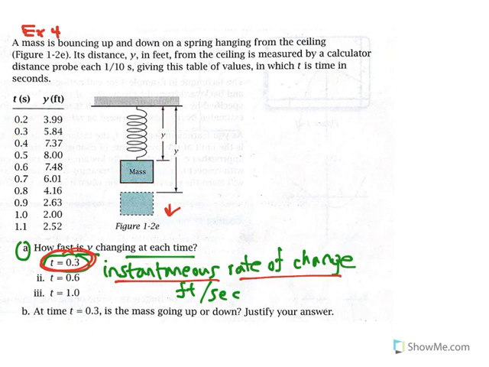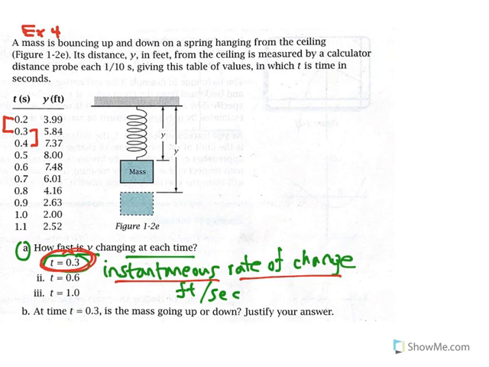It's best if you use both to find the average rate of change of the distance from the ceiling on the time interval from 0.2 to 0.3 seconds, and then find the average rate of change on the time interval from 0.3 to 0.4 seconds. Those time intervals are both 1/10 of a second long.